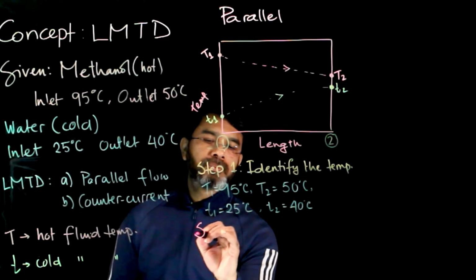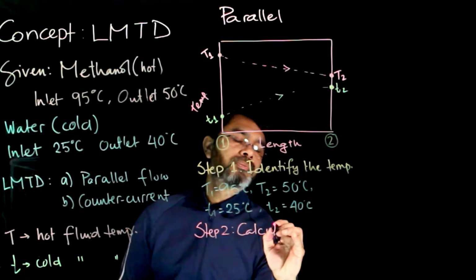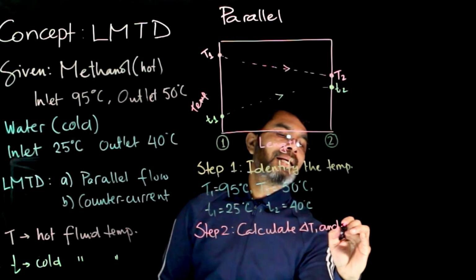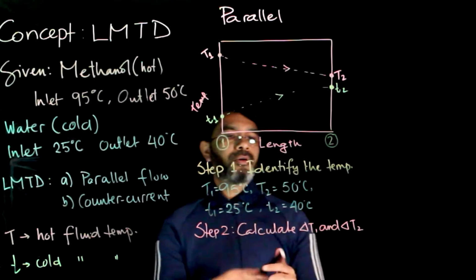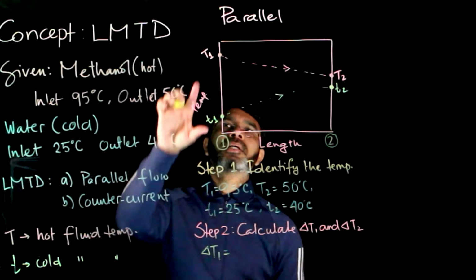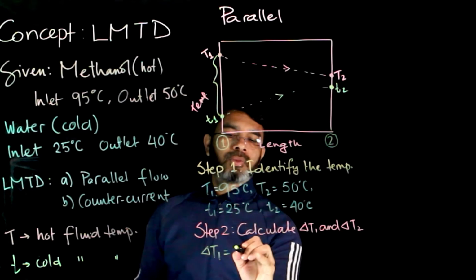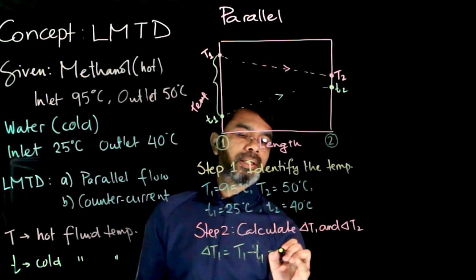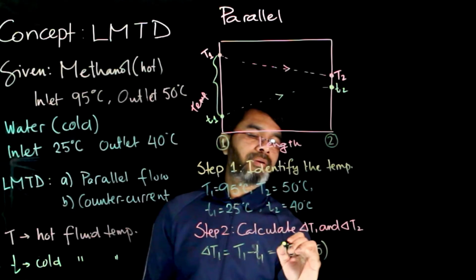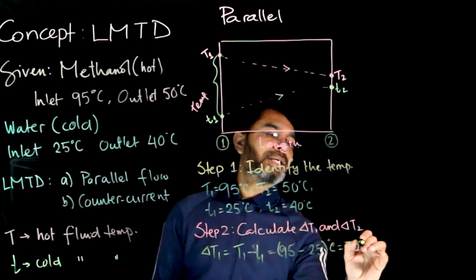Now step 2, to calculate delta T1 and delta T2. For this case, delta T1 is the temperature difference at end 1. So delta T1 equals T1 minus t1, which gives 95 minus 25 degrees centigrade, equals 70 degrees centigrade.